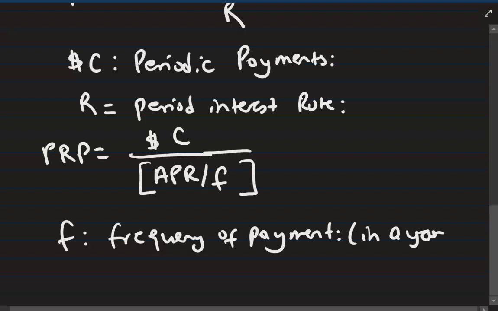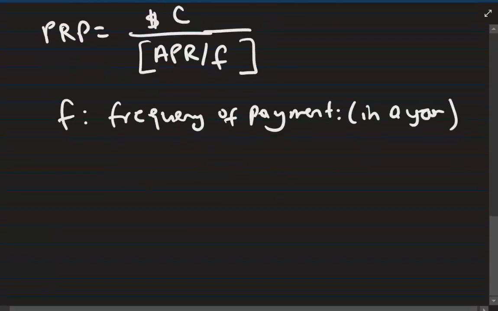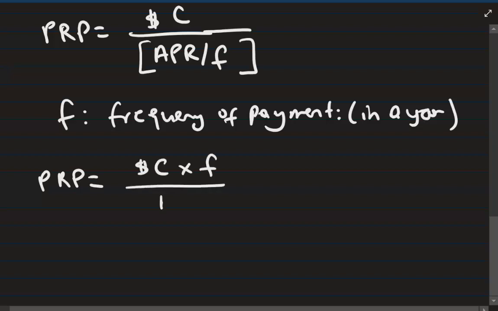If you actually modify that formula, you can think of PVP as $C times F divided by APR.